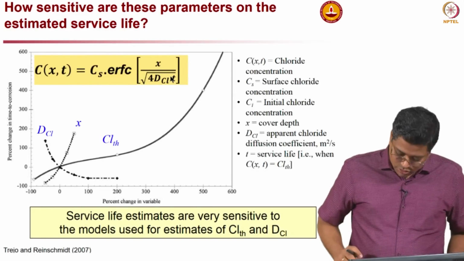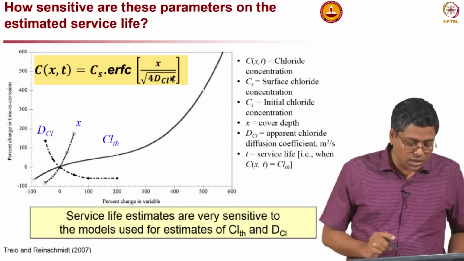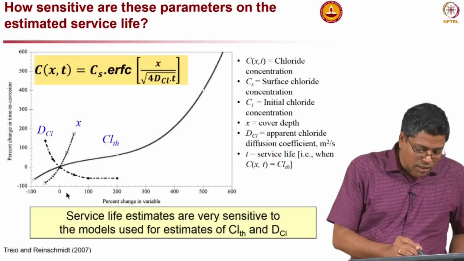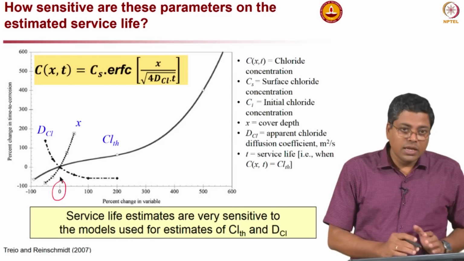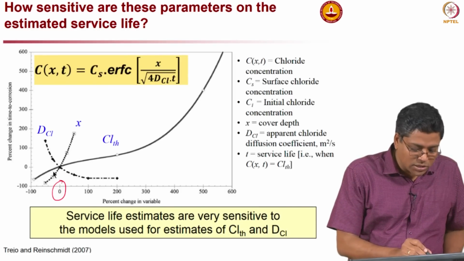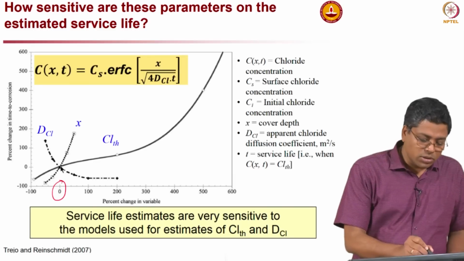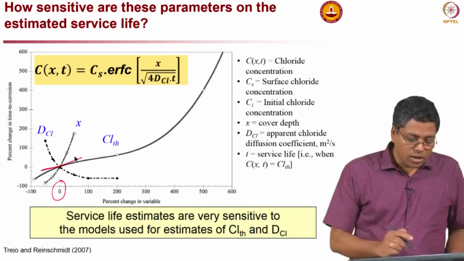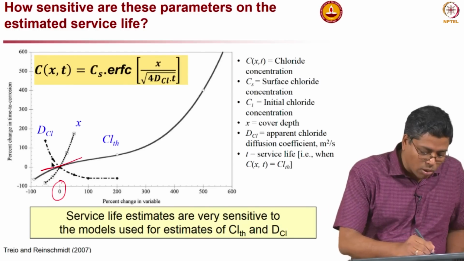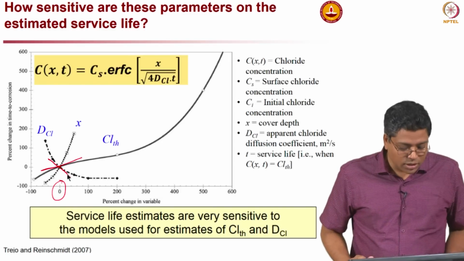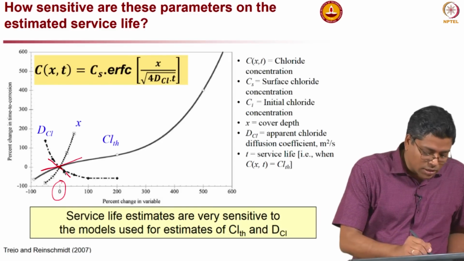Before that, let me also tell you how sensitive these parameters are. Here you can see the chloride threshold. How you read this graph is, if you have a particular point here, let us say 0, you look at the slope of each of these curves about the 0. For example, the slope for the chloride threshold is smaller than the slope for the diffusion coefficient here. Do not look at the direction, but the magnitude of the slope.